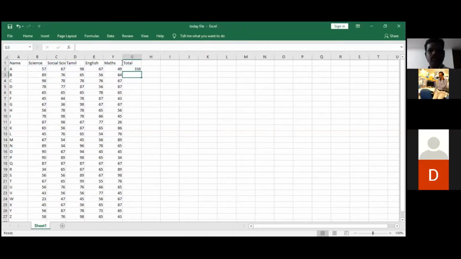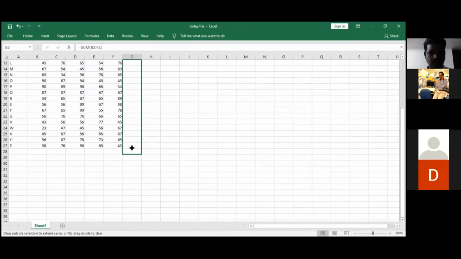The total appears for that particular row. Then scroll down, and all the totals come. It's called sum.